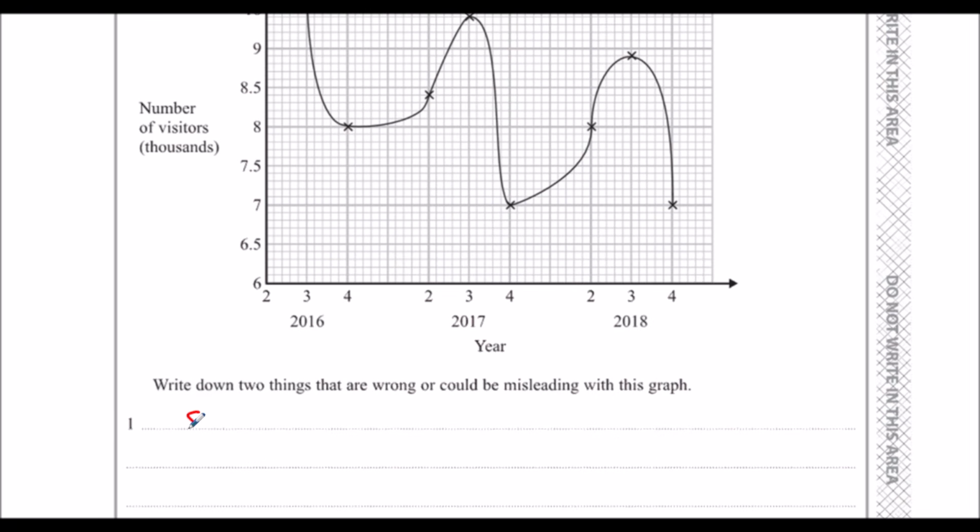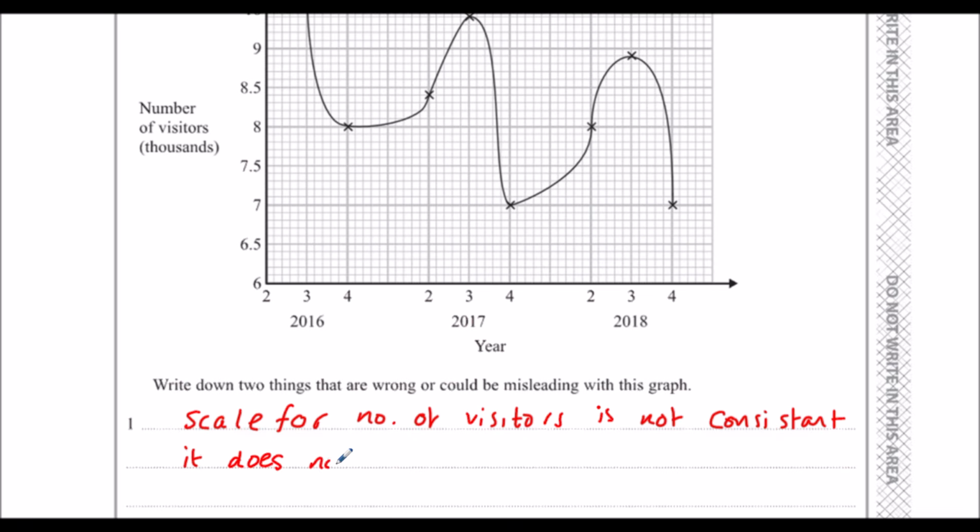So we can write the scale for number of visitors is not consistent. It does not go up by the same amount each time.